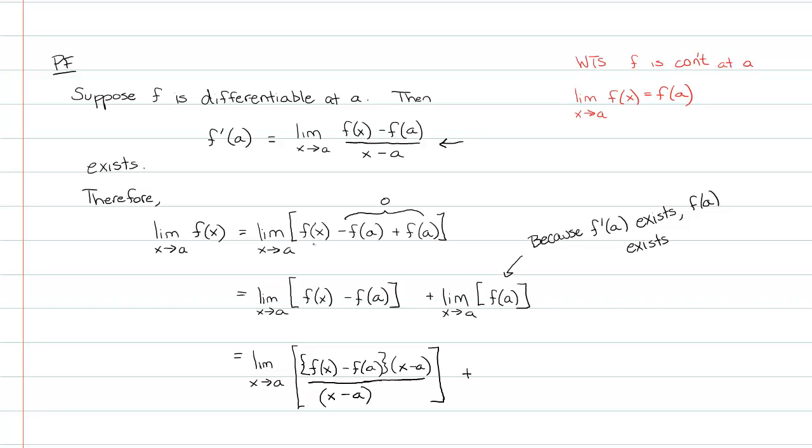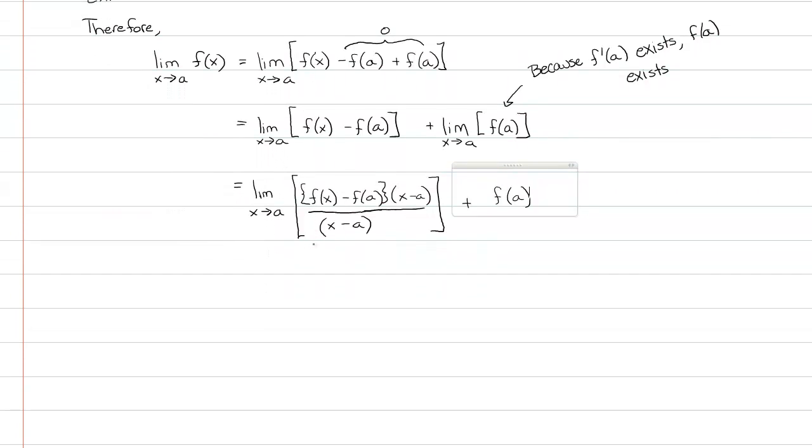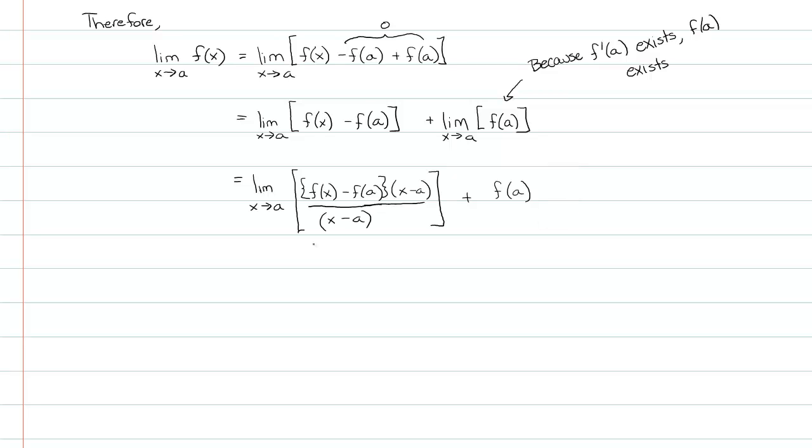By the way, the limit as x approaches a of f of a, that's f of a. Now we're getting somewhere, because remember, I can only split those limits if they exist, and I'm crossing my fingers that I didn't make a mistake by splitting that limit. But if you take a look at this, I'm going to do another split here.